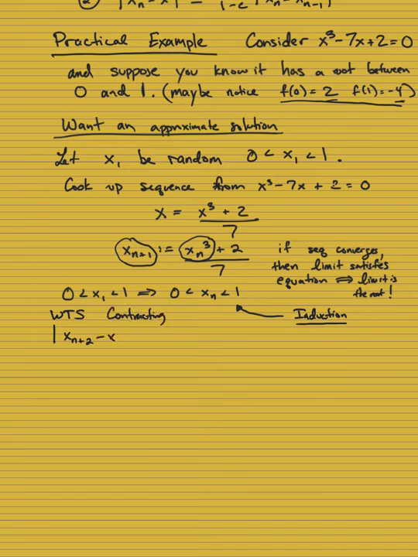Okay, so we take two consecutive terms, and now we write it out. Well, this is 1/7 times (x_{n+1})^3 + 2 minus 1/7 (x_n)^3 + 2, which is 1/7 times (x_{n+1})^3 minus (x_n)^3.